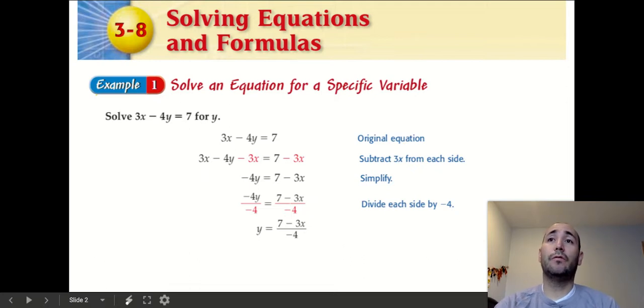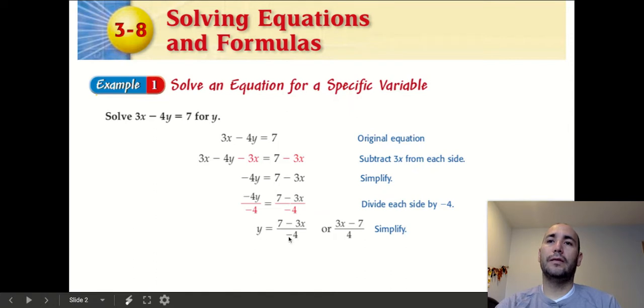When I'm dealing with formulas or equations with multiple variables, a lot of times there actually is no computation to do. You're just writing out your steps. One thing we could do is, if you divide everything by a negative, you'll get positive 3x minus 7 over positive 4.